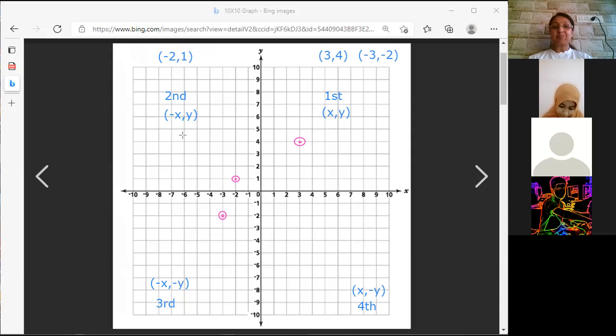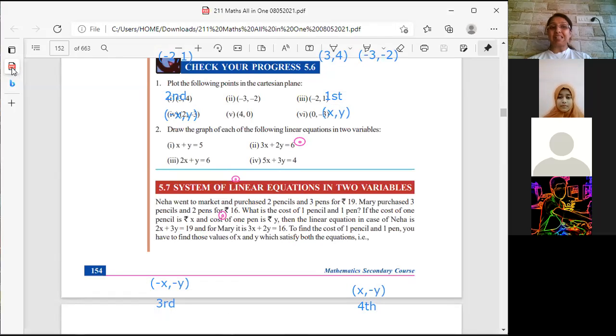Now we are moving to the next point because our exercise 5.6, the first question, says plot the following points in the Cartesian plane. The graph that I showed you, the quadrants that I showed you entirely, is called the Cartesian plane.